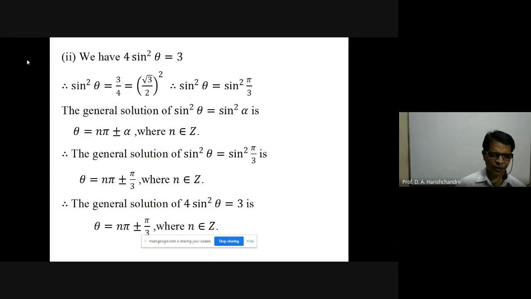So the general solution of sin square theta is equal to sin square pi by 3 is given by theta is equal to n pi plus or minus pi by 3, n belongs to z. And hence the solution of the original trigonometric equation 4 sin square theta is equal to 3 is given by theta is equal to n pi plus or minus pi by 3, where n belongs to z.